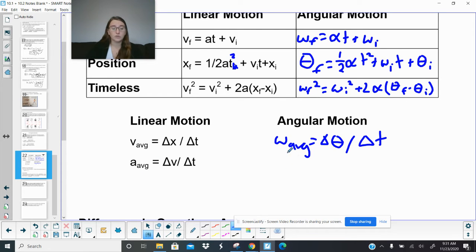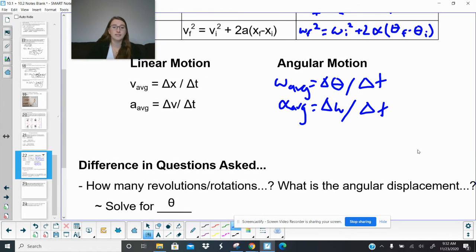And for acceleration, which is again, which variable? Alpha now. That's angular acceleration is change in v, which again is our omega, divided by change in time. So same formulas, it's just now we're dealing with angular concepts.